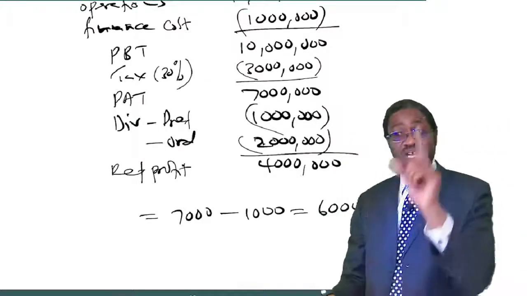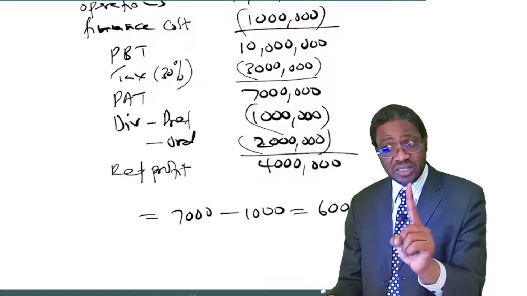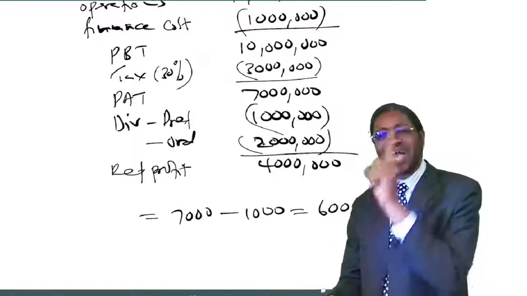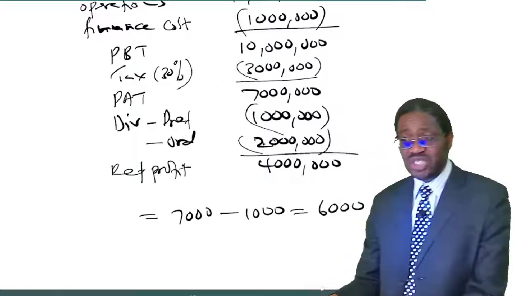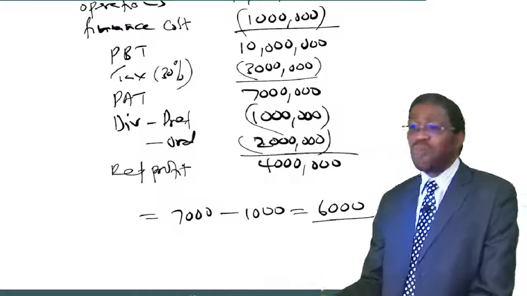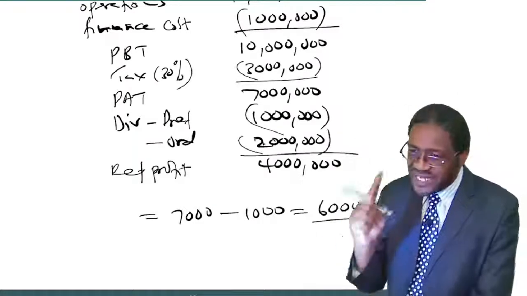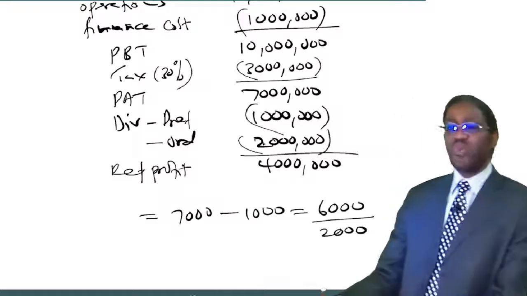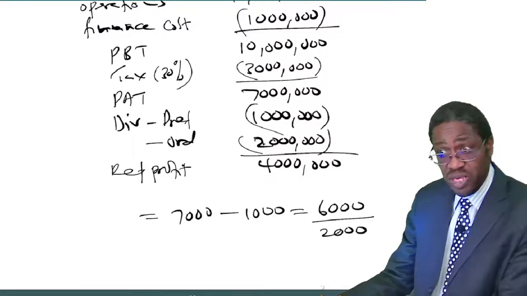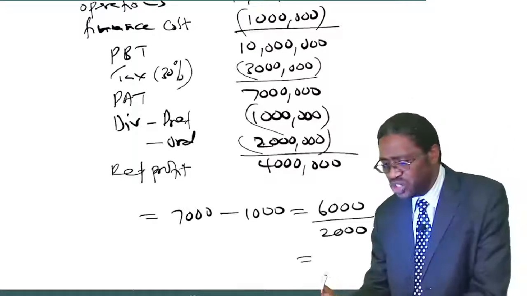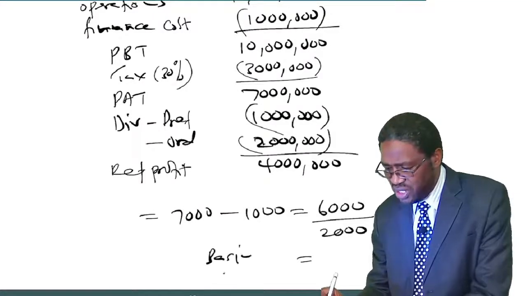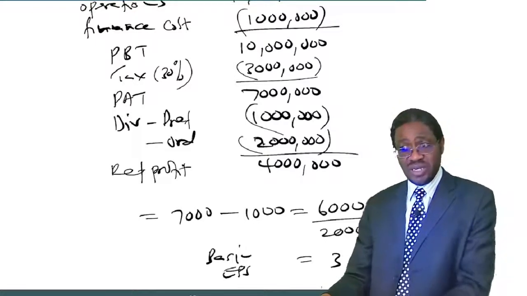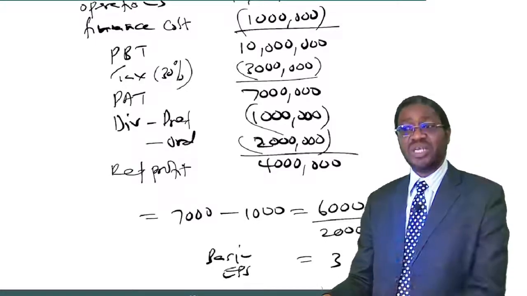Then you divide that by the weighted average number of shares, which for now we assume is 2 million. So the basic EPS of this company is 3 shillings.